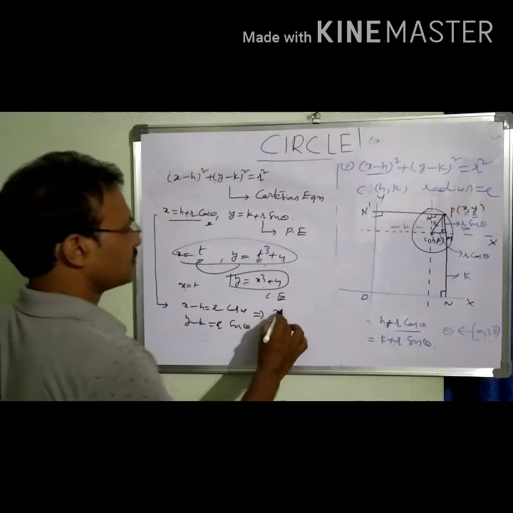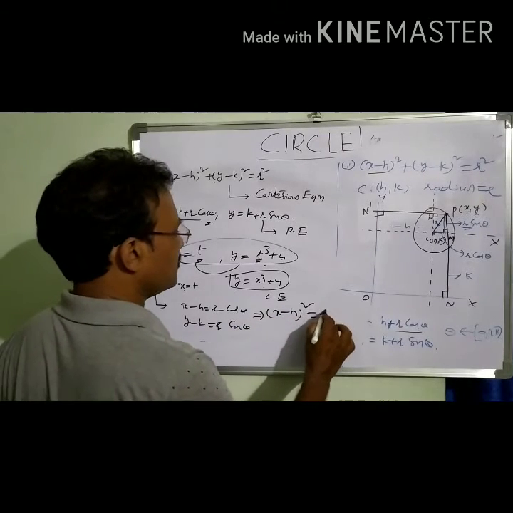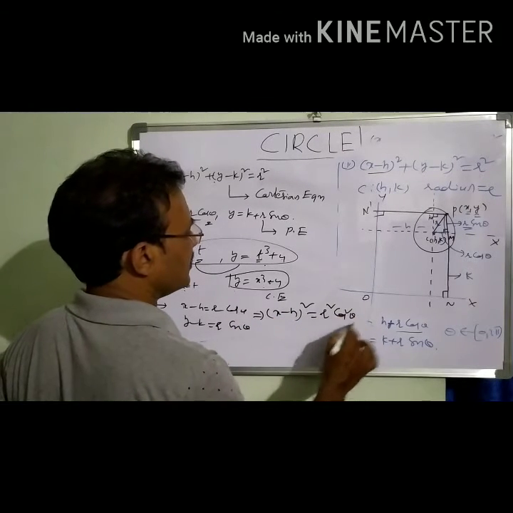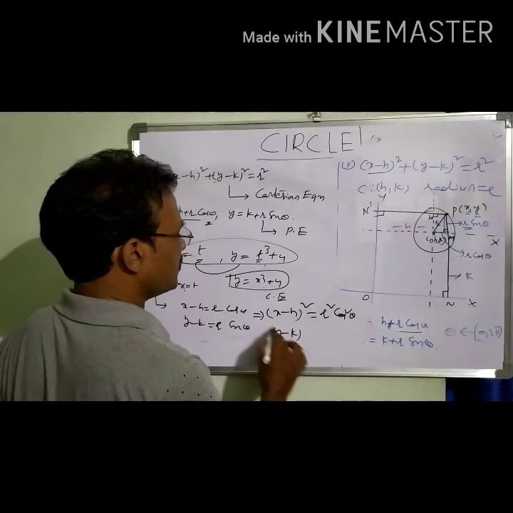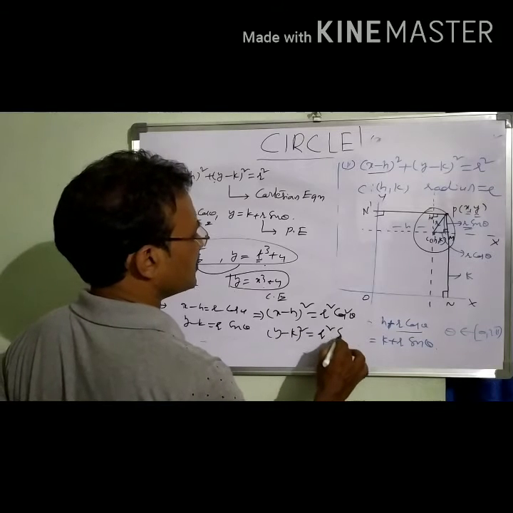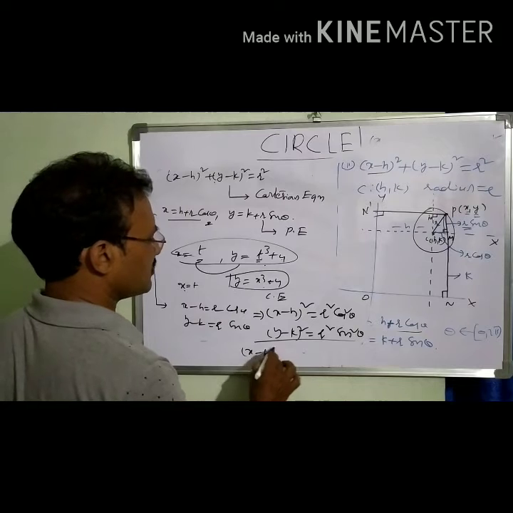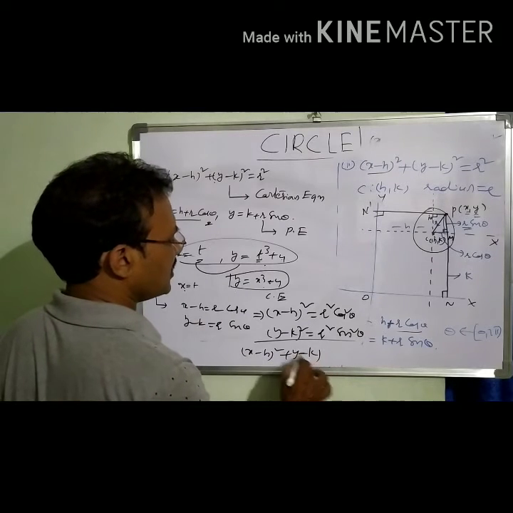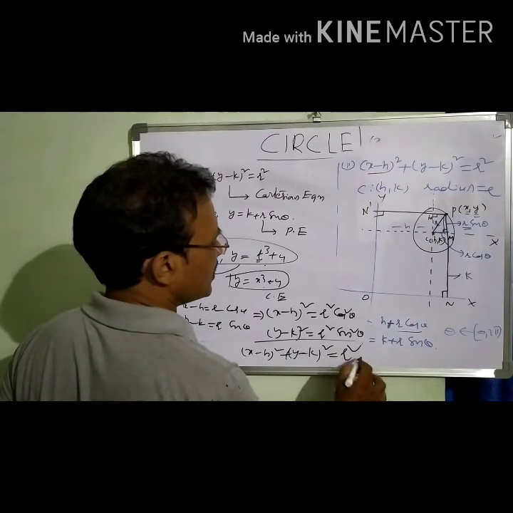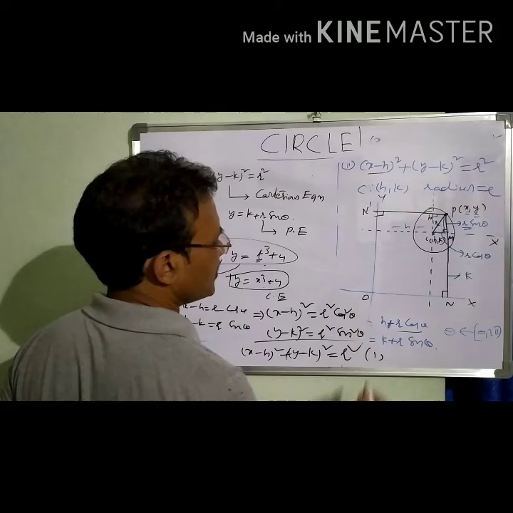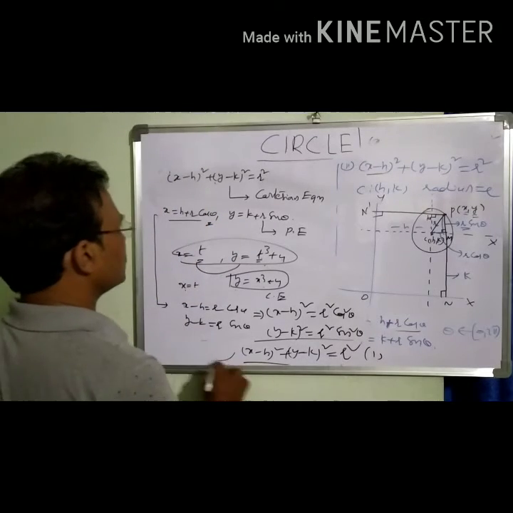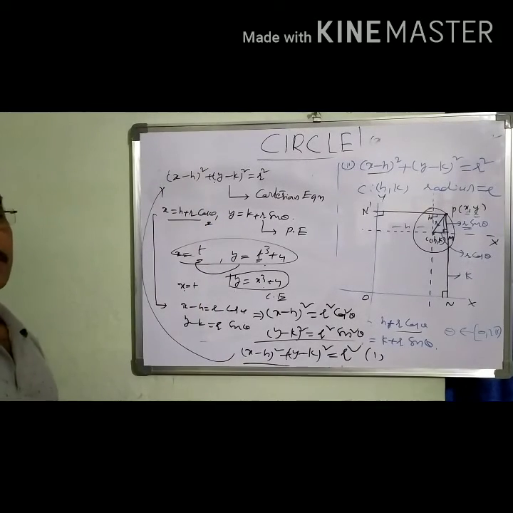What happens? X minus h whole square is equal to r square cos square theta and y minus k whole square is equal to r square sin square theta. By adding these two, x minus h whole square plus y minus k whole square is equal to r square into cos square theta plus sin square theta, which is 1. So it is the Cartesian equation.